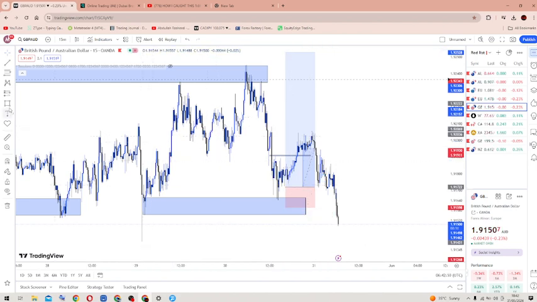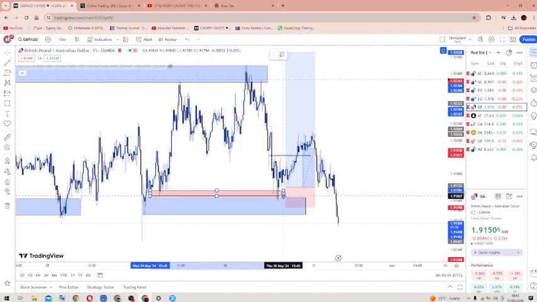So you see this zone over here. This is where we had a change of character, and this is the zone which caused the change of character.